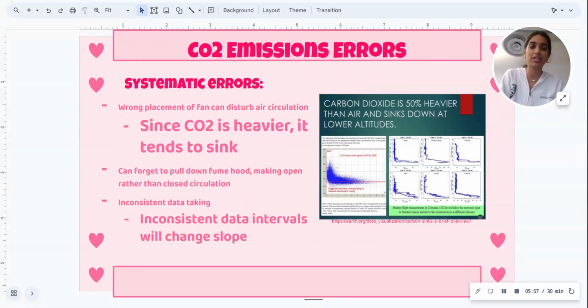So with every experiment, it's important to address the potential errors that we could have made. So with the CO2 emissions errors, the first thing that we want to note is the wrong placement of the fan can disturb air circulation.